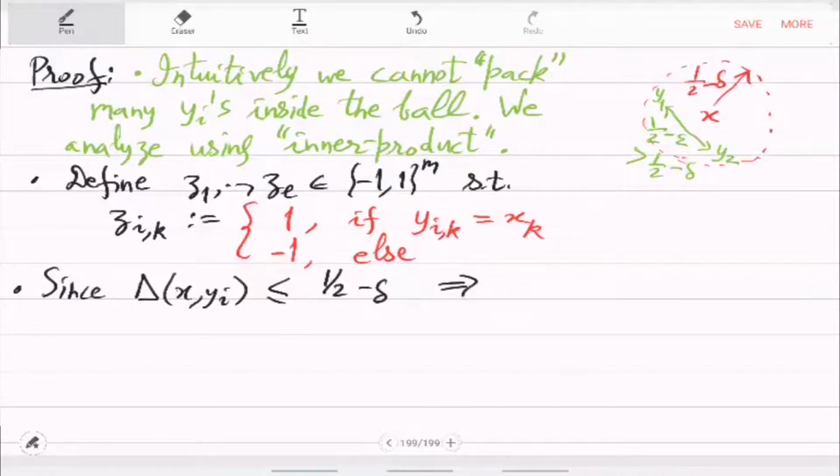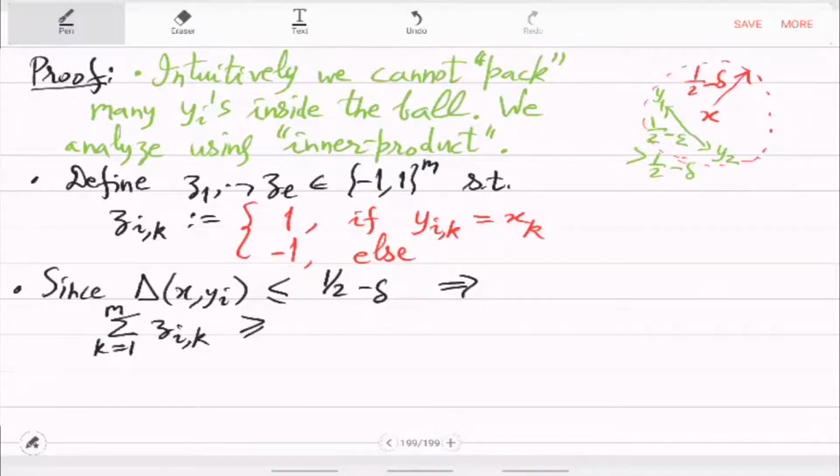what you get is, go over all the k's, all the locations of x and yi. Distance being small means that x and yi overlap in many locations, they are similar.